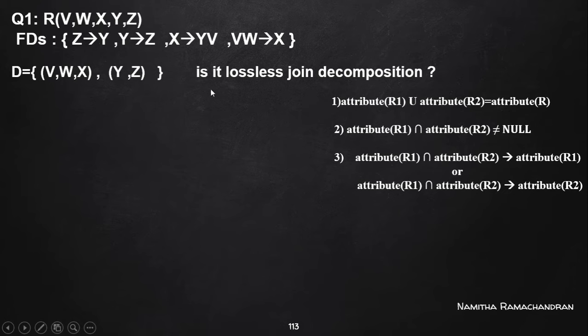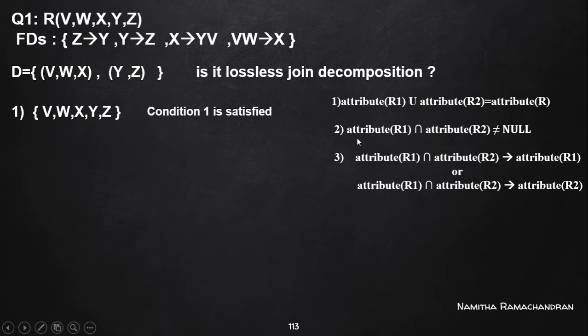For the first condition, we need to check the union of these two decompositions against the attribute set of relation R. Here the union is V, W, X, Y and Z. This matches the attribute set of relation R, so condition 1 is satisfied.